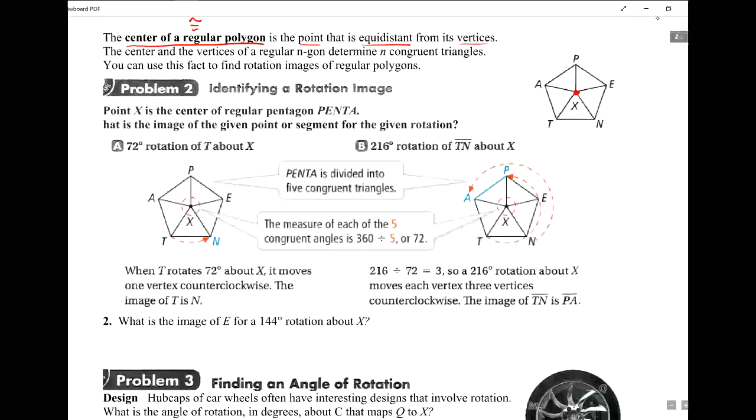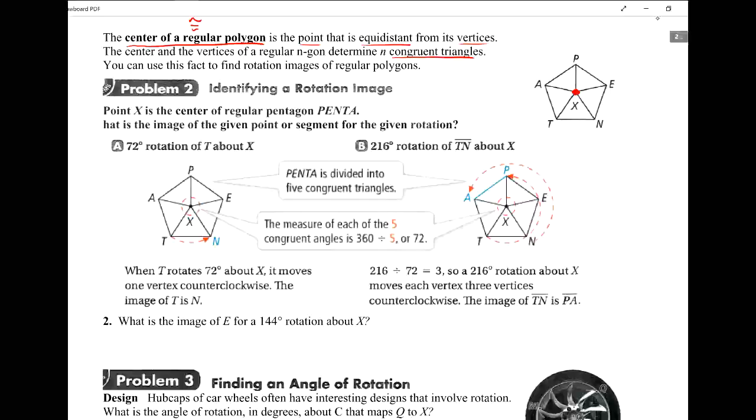Remember when we circumscribed a circle around them and then found the areas? Well, we know that the center is equidistant from the vertices because these vertices are just the radius of that circumscribed circle. And so when we draw in these radii to the vertices, we get congruent triangles, and we know that. Okay, we've done this before.